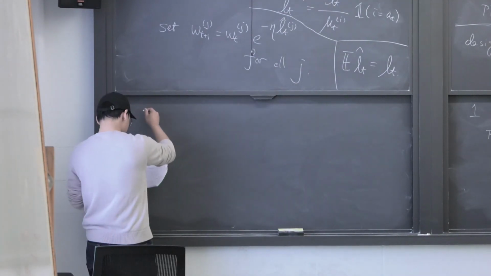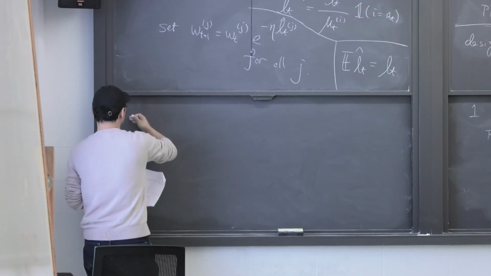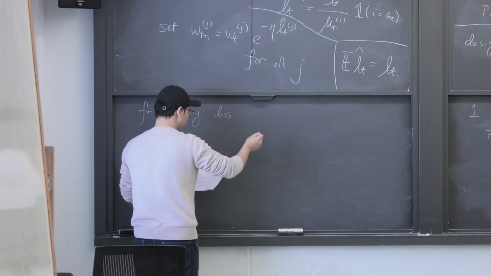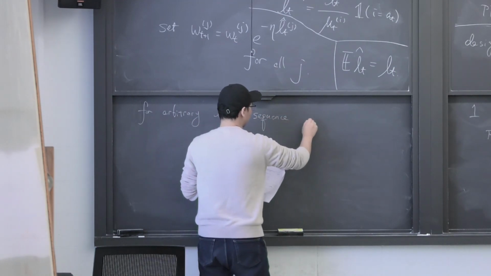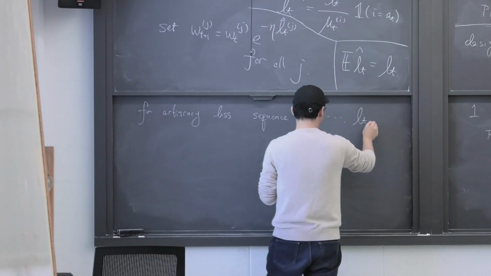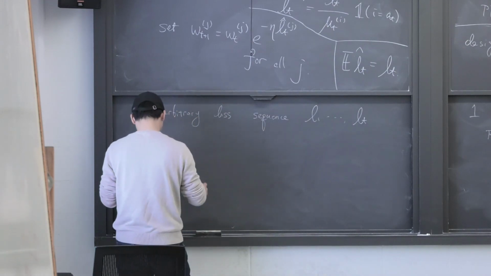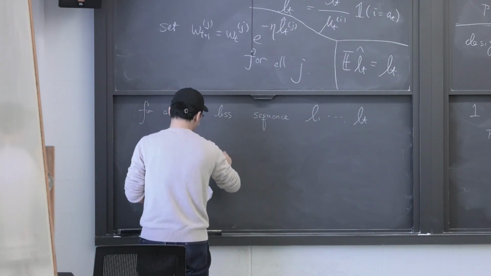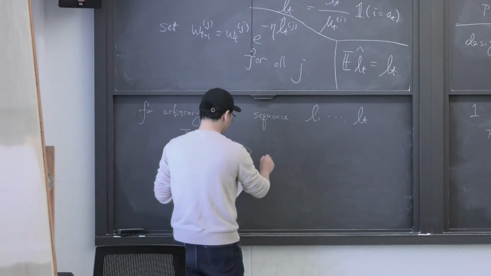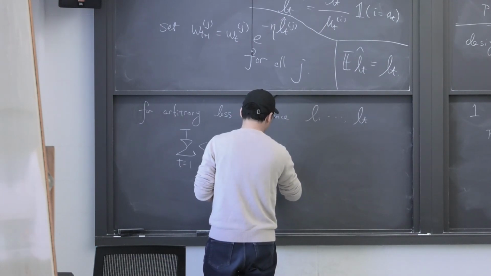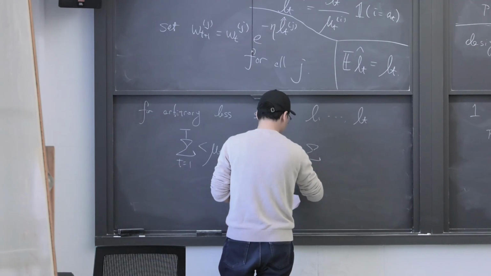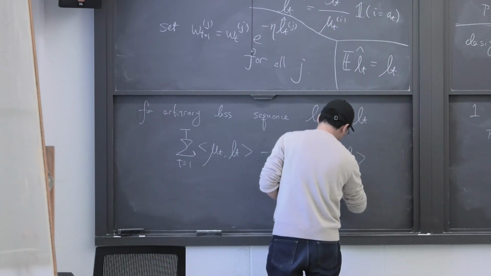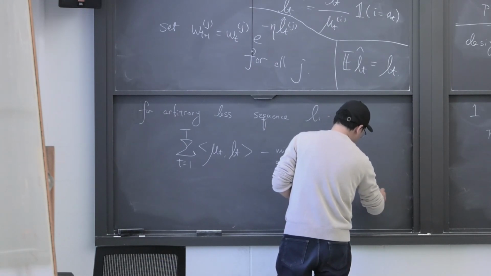So the guarantee looks like the following: for arbitrary losses L 1 till L T, we have something like this: summation t from 1 to capital T of mu t times L t, subtracted by the minimum over a in A of summation t from 1 to capital T of L t a, is less than or equal to a polynomial of A times T to the minus alpha.